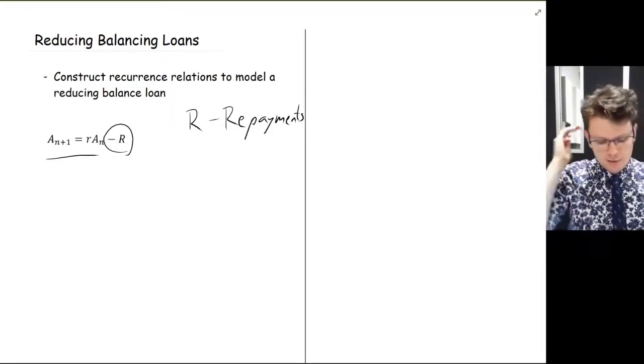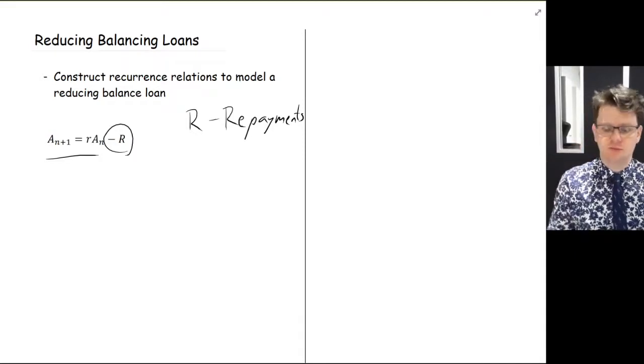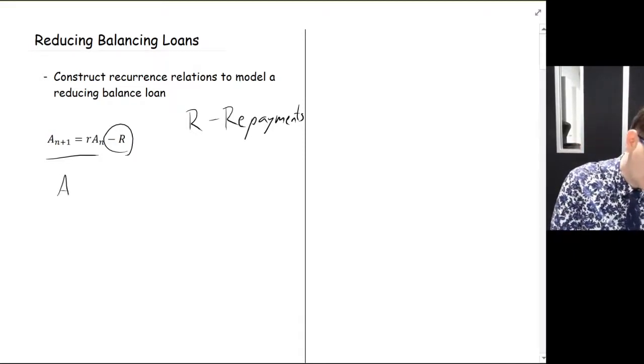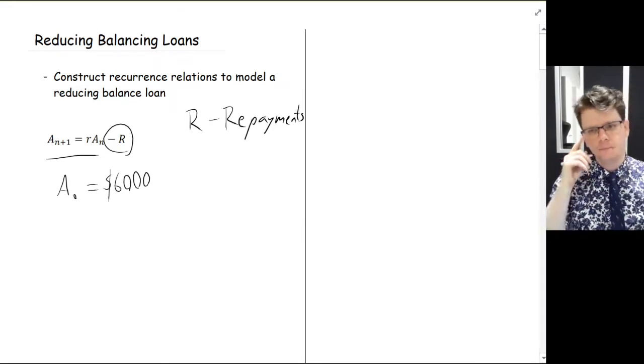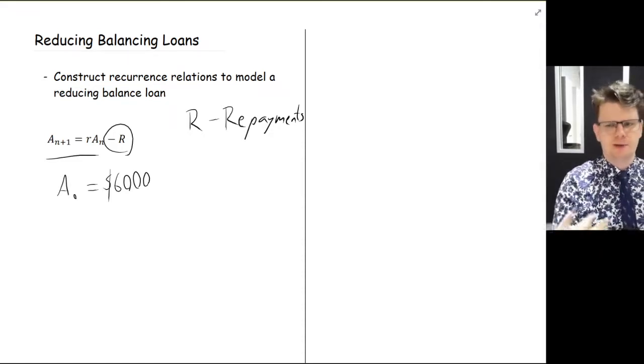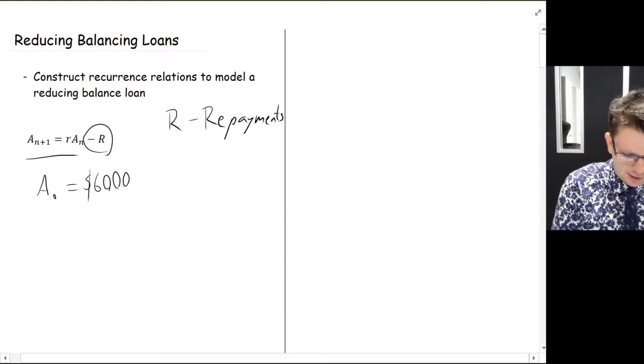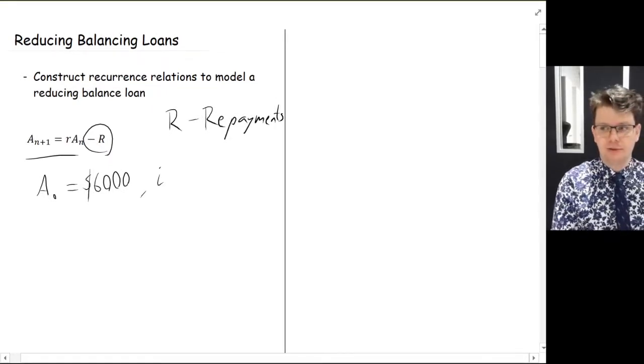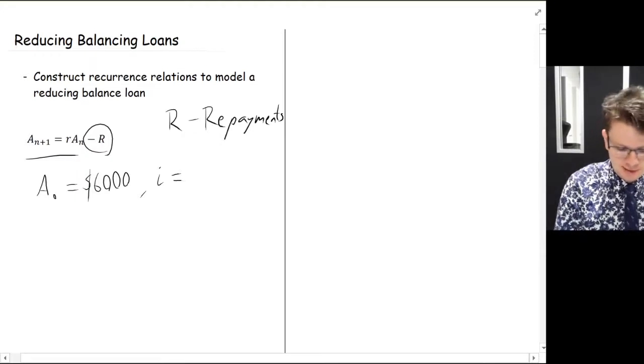Okay? So let's just imagine for a second that at the very beginning I take out a loan, and that loan is $6,000. Now each month it's going to gain a bit of interest, but I'm going to pay a little bit back. The interest, I'm going to convert it to a monthly interest just for the minute to make it nice and easy.